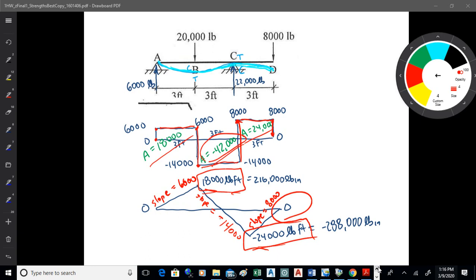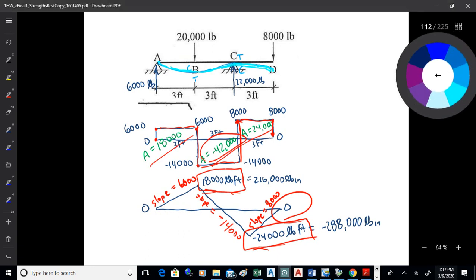Now, the other thing I'll mention here, I've got it labeled here, so I'll mention it. Notice what happens when you go from that positive to negative moment. When you've got a positive moment, compression is on the top, tension's on the bottom. But when you're in a negative moment, it flips. Okay? It has to do with which, on your curve, is the inner radius and which is the outer radius. See, the inner radius is the shorter one, that's the compression.